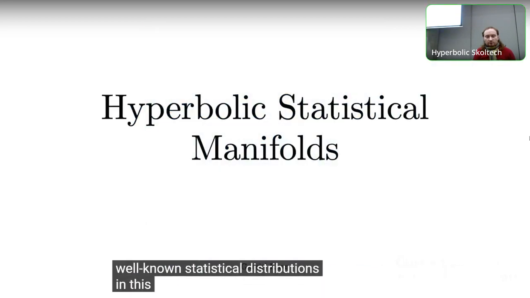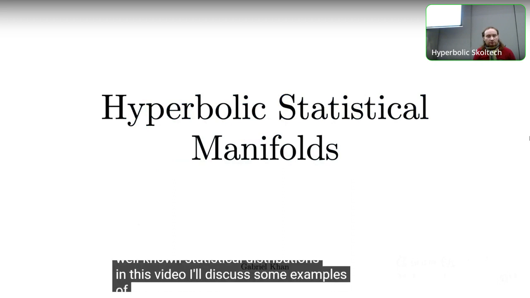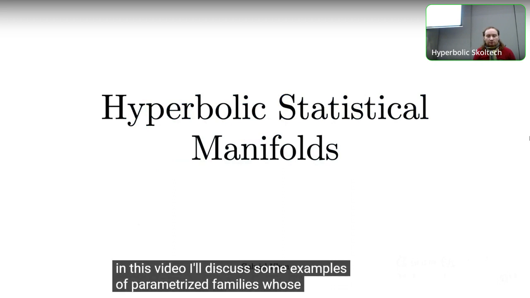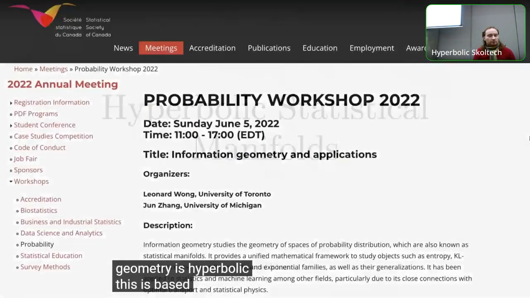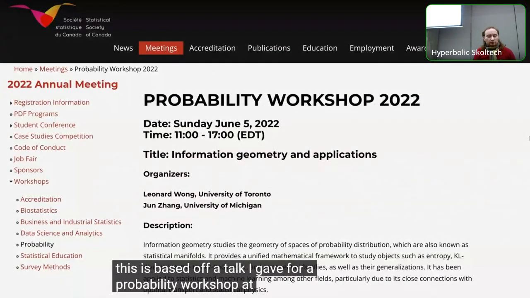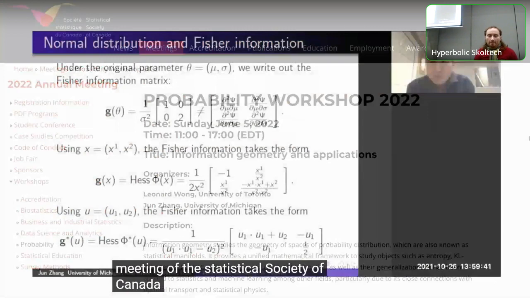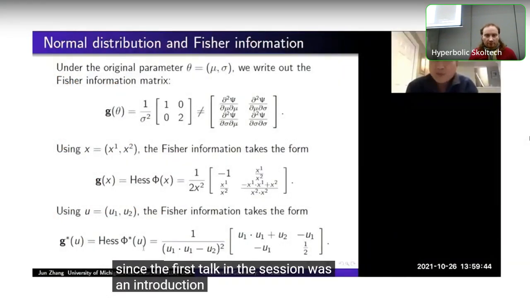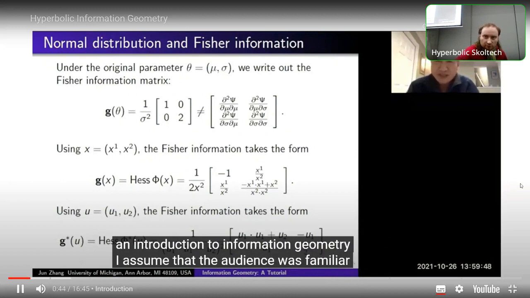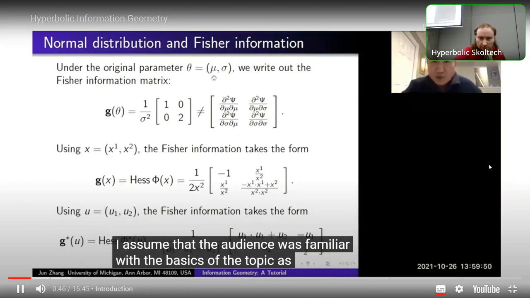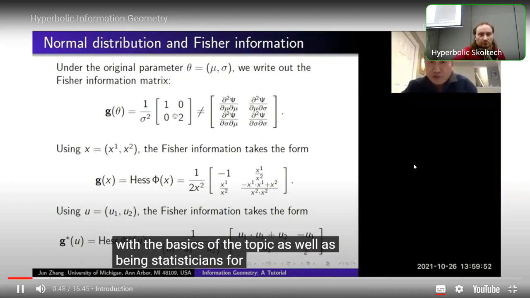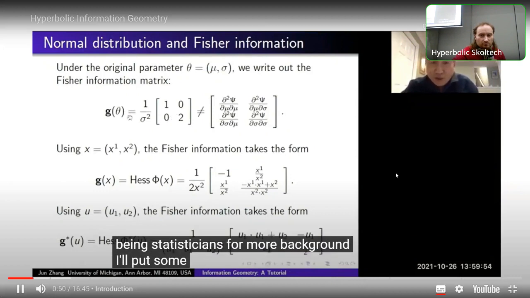In this video, I'll discuss some examples of parameterized families whose induced geometry is hyperbolic. This is based on the talk I gave for a probability workshop at the 2022 annual meeting of the Statistical Society of Canada. Since the first talk in the session was an introduction to information geometry, I assume that the audience was familiar with the basics of the topic, as well as being statisticians. For more background, I'll list the links in the description.